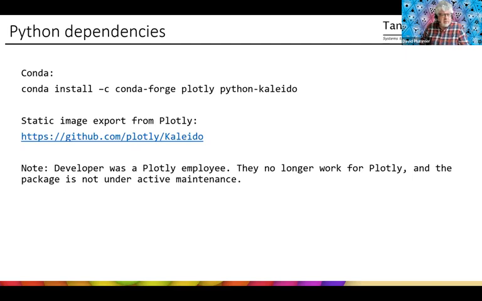There shouldn't be problems. For me, it's worked perfectly fine, but there have been instances where people, for their specific instances, have run into a few problems. You don't definitely need Python Kaleido if you're not producing static image outputs. You only need the Plotly package, but if you are wanting to produce a static image output, then you will need Python Kaleido.